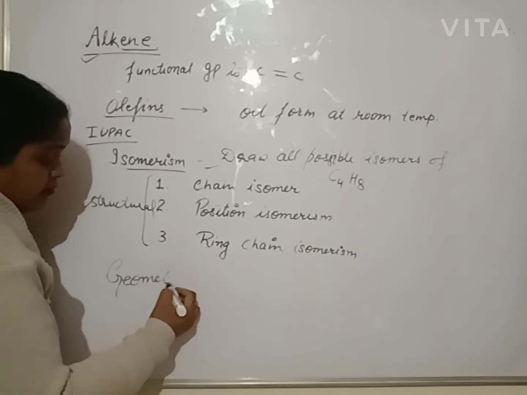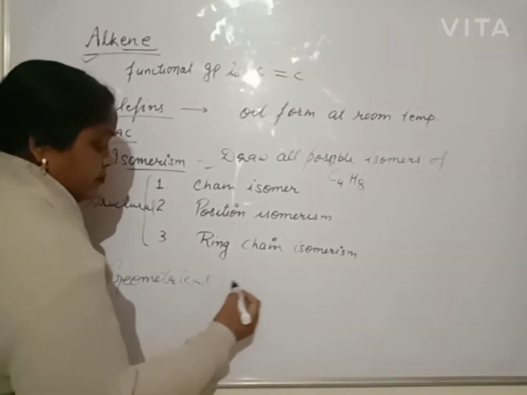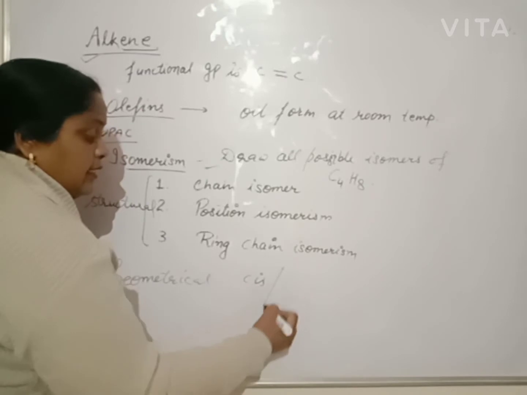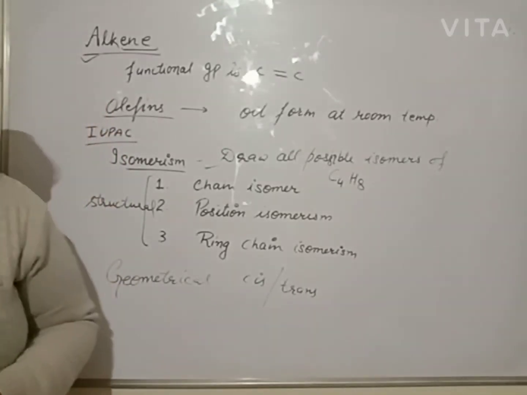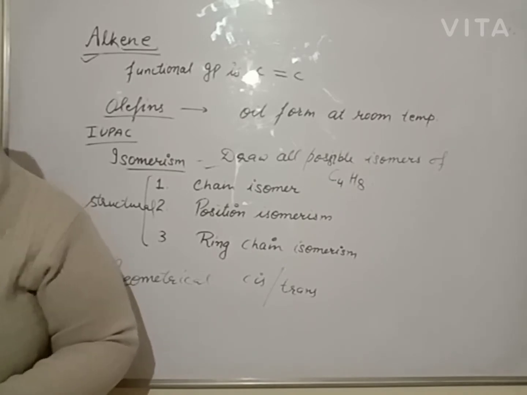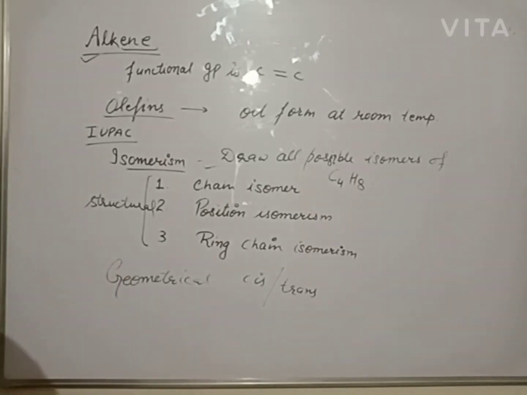This geometrical isomerism is cis and trans. Geometrical isomerism is shown only and only by alkene. Now draw the structures for C4H8.